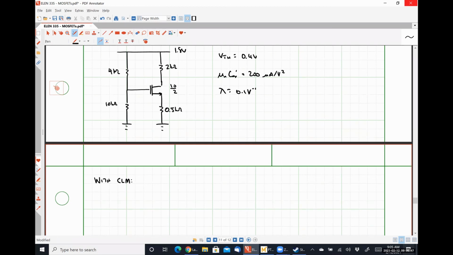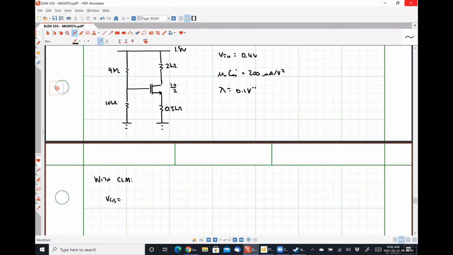With channel length modulation present, our fundamental equations become VGS is equal to VDD times R2 over R1 plus R2 minus 1/2 mu n Cox W over L, (VGS minus VTH) quantity squared, times (1 plus lambda VDS), multiplied by RS.